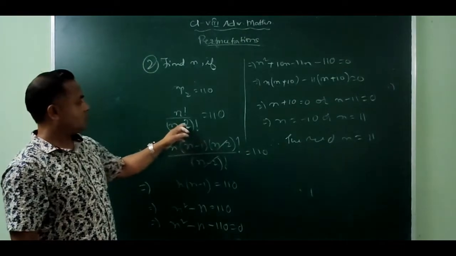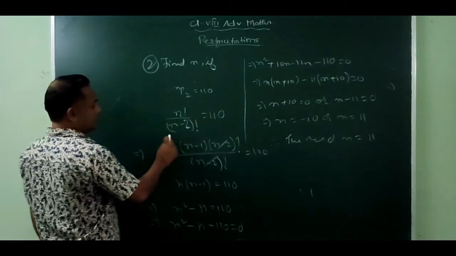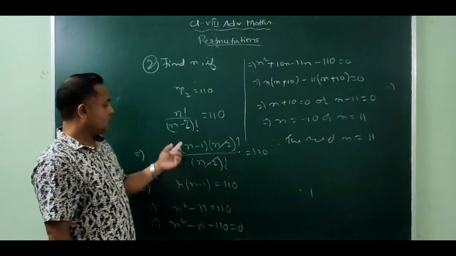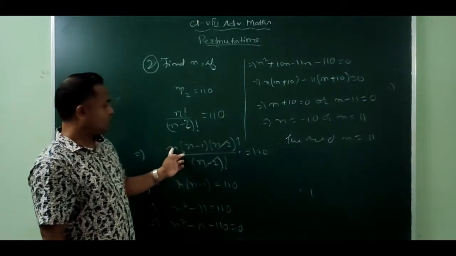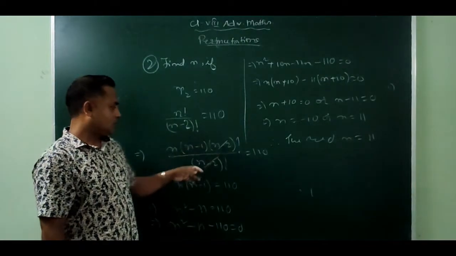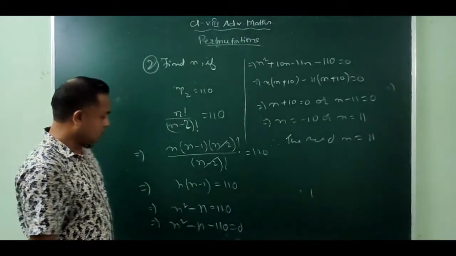That is equal to 110. Since the succession demanded is n minus 2, I have extended factorial n up to n minus 2. Factorial n minus 2 is cancelled, so it remains n into n minus 1 is equal to 110.